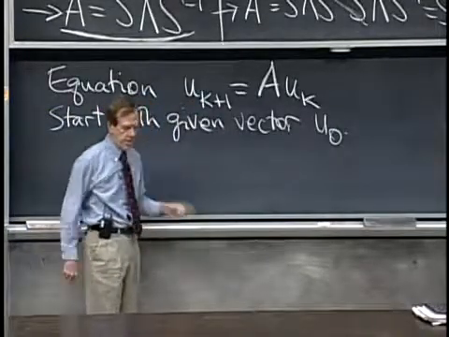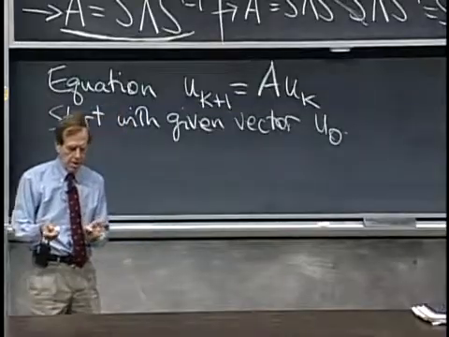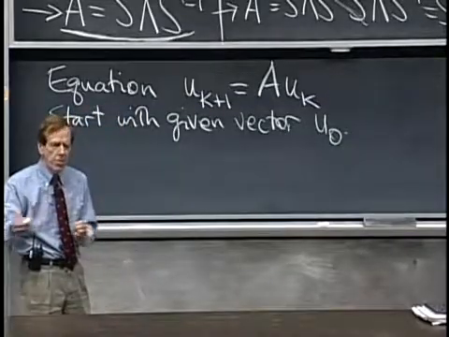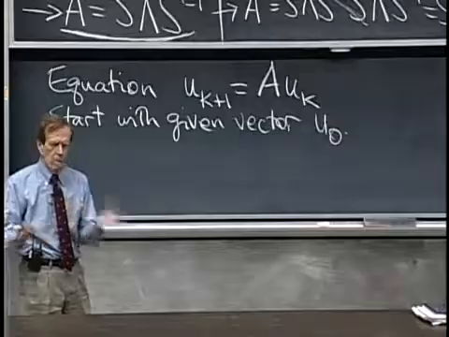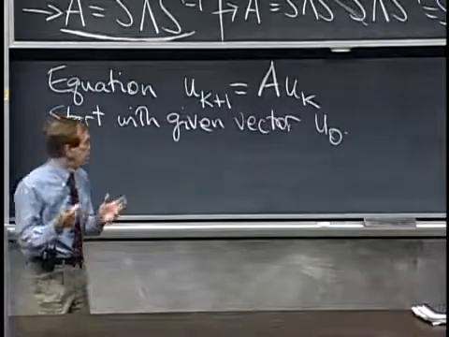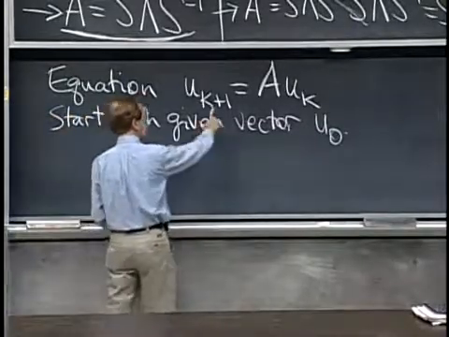How would I find, if I start with a vector u0 and I multiply by A 100 times, what have I got? Well, I can certainly write down a formula for the answer.